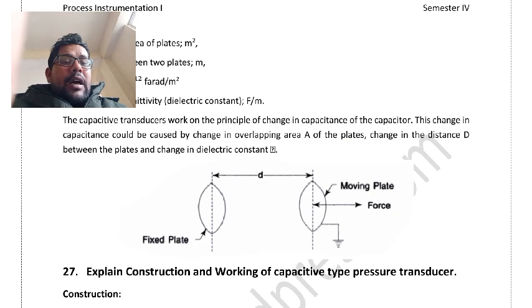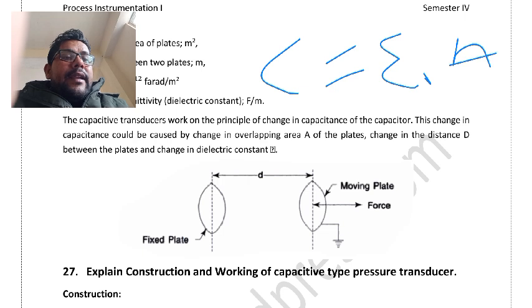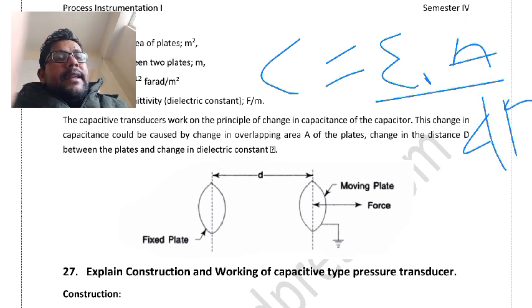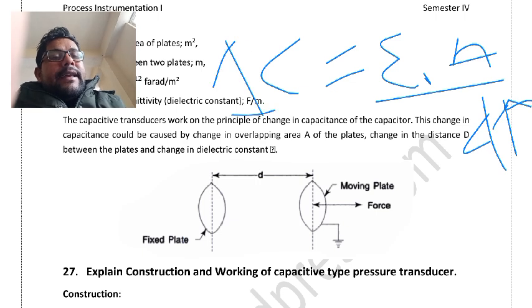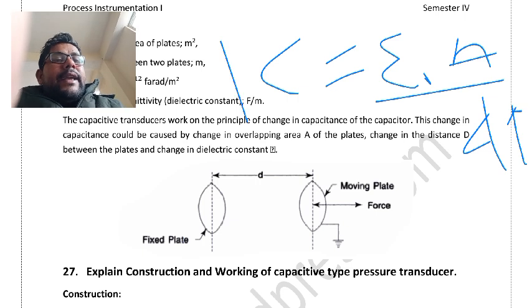The working process: we have seen C equals epsilon A upon d. If we increase d, then the capacitance will be reduced.